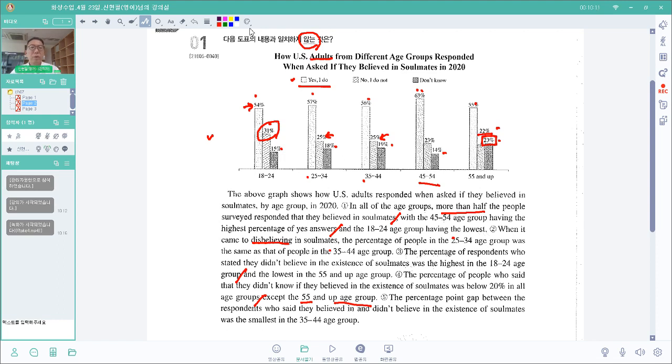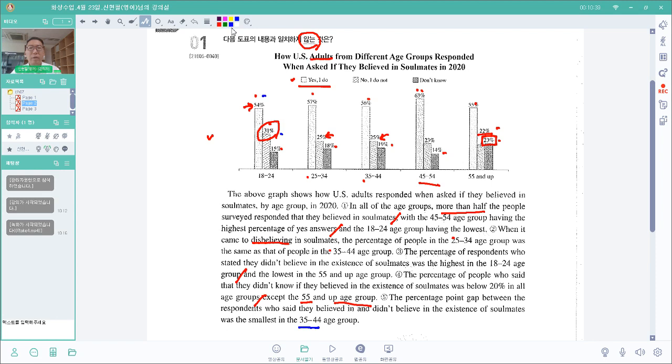So the percentage point gap between the respondents who said they believed in and didn't believe in existence of soulmate was the smallest in the 35 to 44. So they are asking the difference between believes and not believes. And they say that the gap is the smallest in 35 to 40.